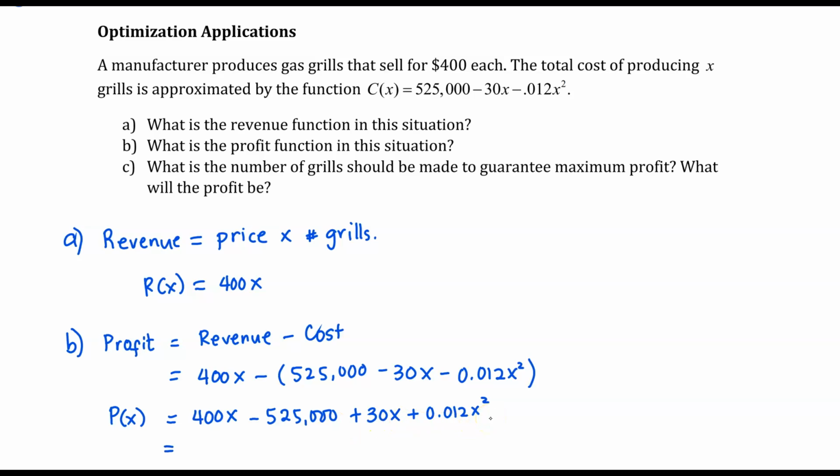So we have negative 0.012X squared plus 430X minus 525,000. This is your profit function in this situation.